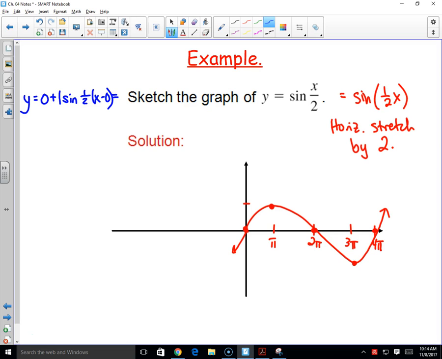Well, what's the sinusoidal axis? y equals 0. What's the amplitude? 1. So I'm going to go up 1 and down 1.